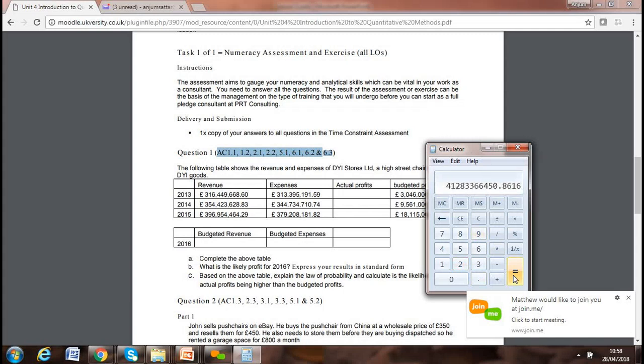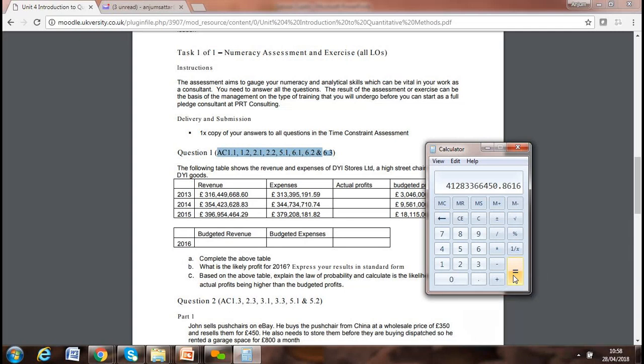We just need to find the trend. Same with expenses: you need to take the difference and carry on finding the percentage. The last year's figure you need to add, to find next year's.